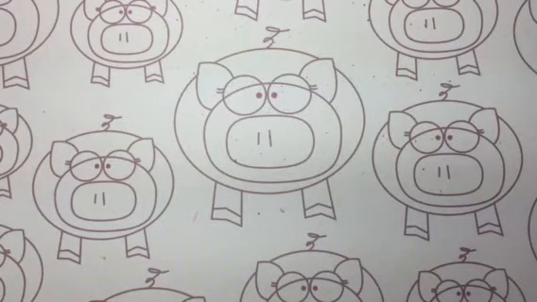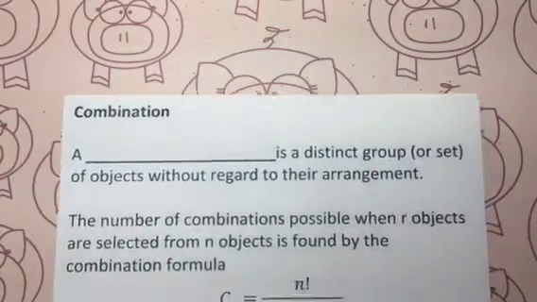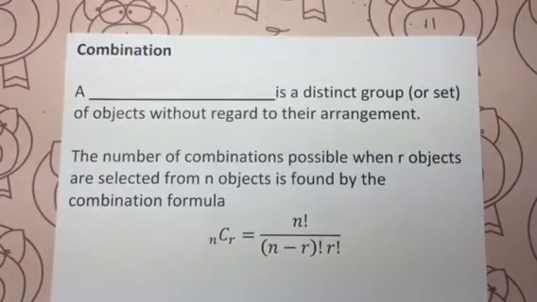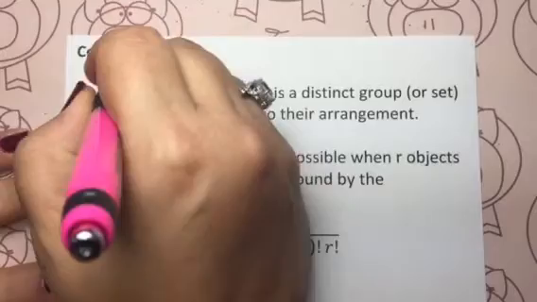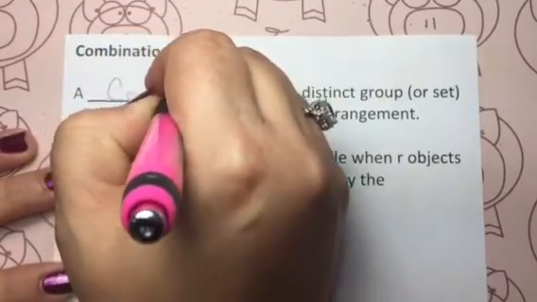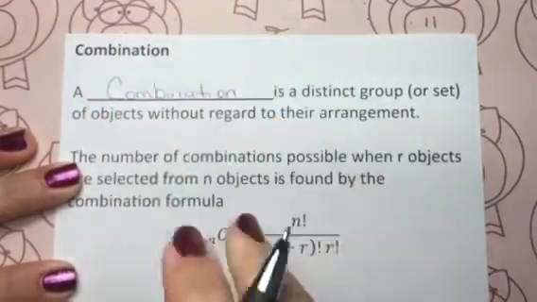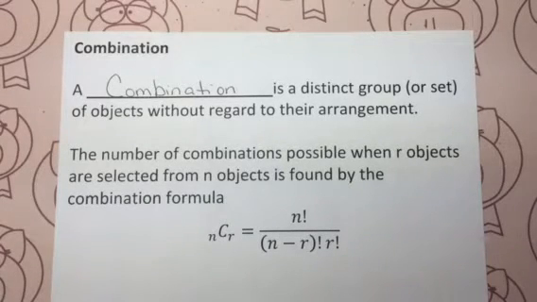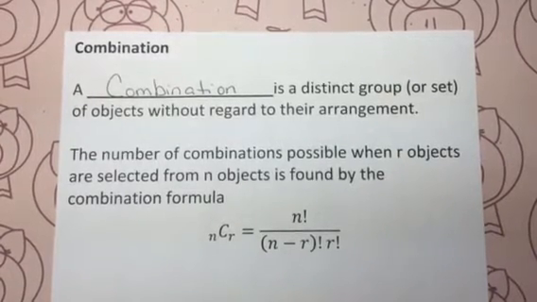Now, the last example I did, order mattered because we were talking about a race. However, order doesn't always have to matter. This thing called a combination is a group of objects without regard to their arrangement. For example, if I go to the pet store and there's 20 cats and I just want to buy 3, it doesn't matter in which order I grab the 3, right?